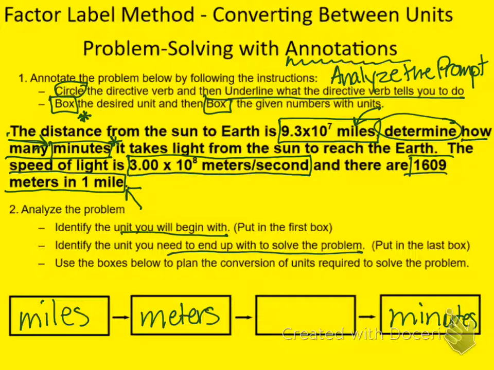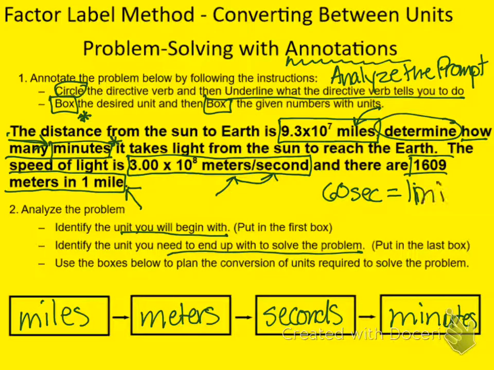Then I look at my data. I'm in meters, and I have a conversion factor that gets me from meters to seconds. Well, that's helpful because that is a unit of time. Now, the question doesn't have a conversion factor to get from seconds to minutes, but from our background knowledge, hopefully we know that there are 60 seconds for every 1 minute.